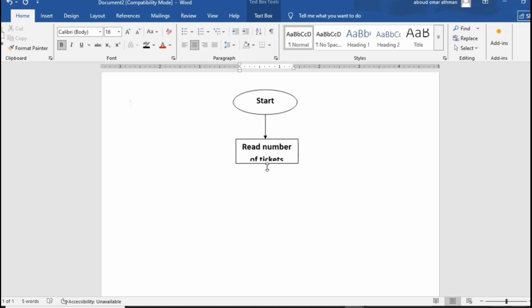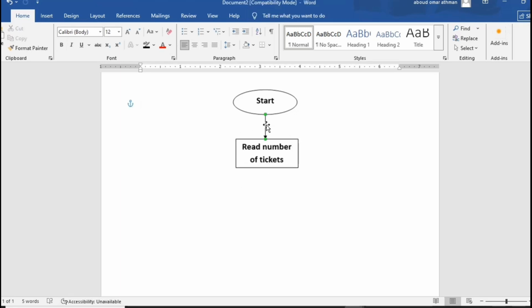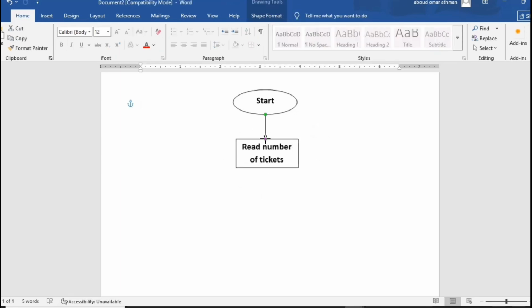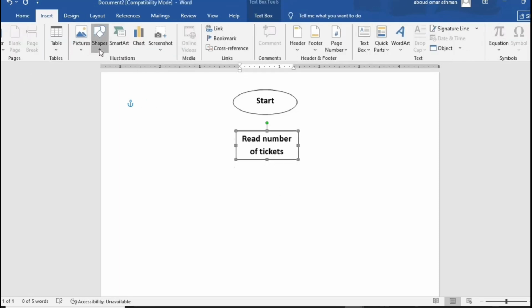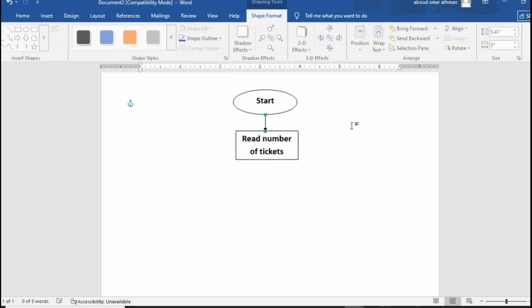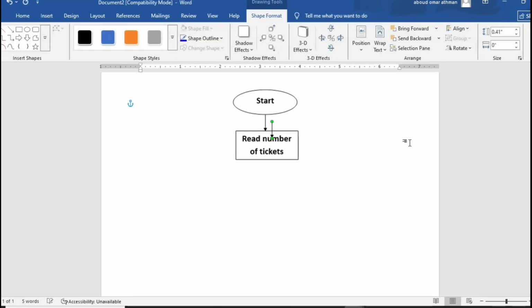How do we proceed? Now, remember, when you're drawing a flowchart, you need to understand the symbols that are required first. Very important, a flowchart must begin and end, or start and stop, and this is shown by the oval or ellipse symbol.